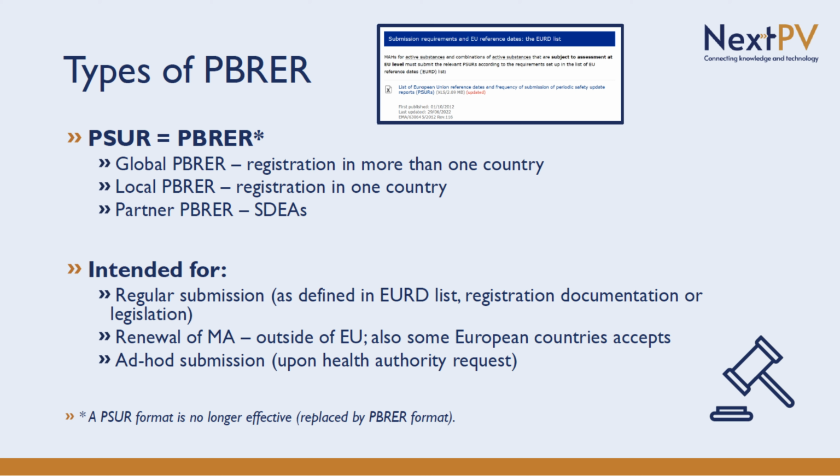These reports are intended for regular submission, renewal of marketing authorization, especially outside the EU, and ad hoc submissions upon health authority requests. The shift to PBRER format aims to enhance the consistency and quality of safety evaluations globally.